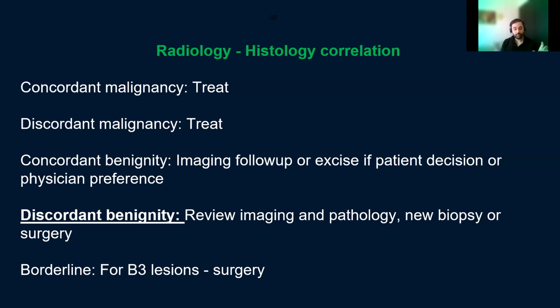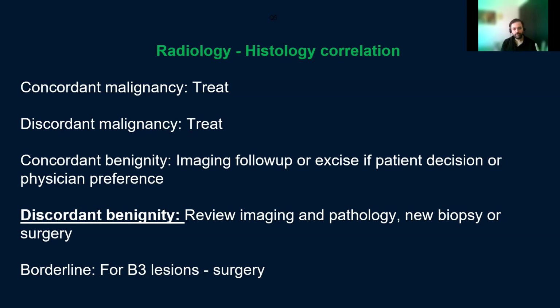Now, most important to note is whenever there is a discordant benignity, we first review our images and then schedule a repeat biopsy. That is more important. Now, for borderline cases where we've said it's borderline, BIRADS 2, 3, and the histology has also said it's borderline indeterminate, then the patient can undergo surgery, because patient factors and physician preference all come into play.